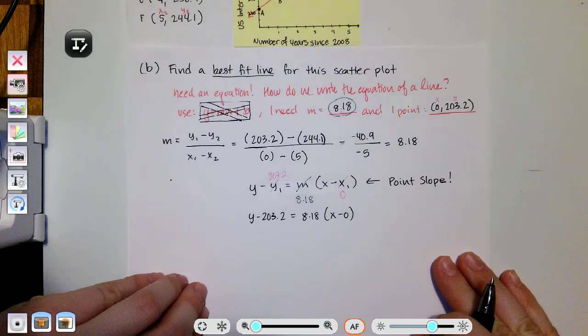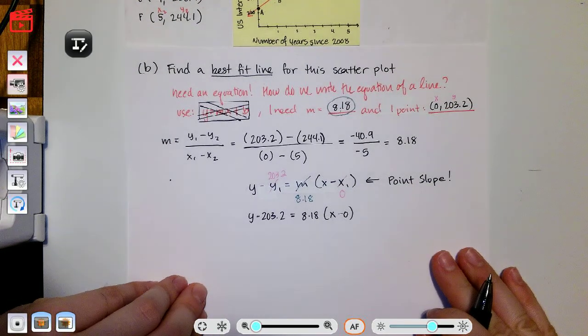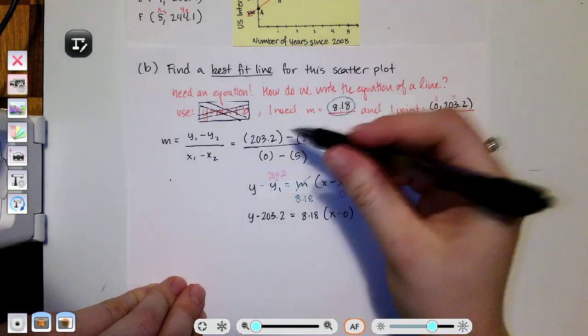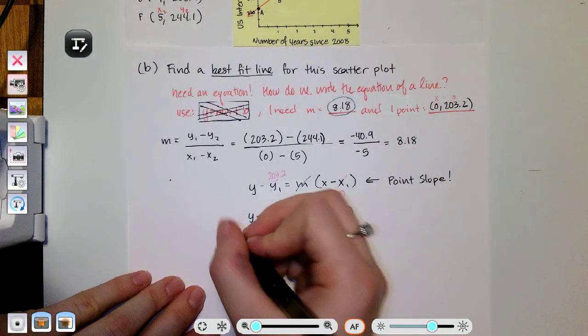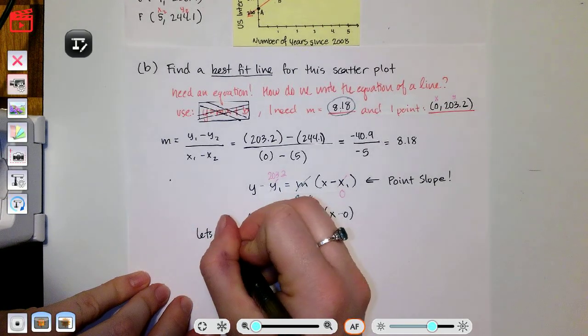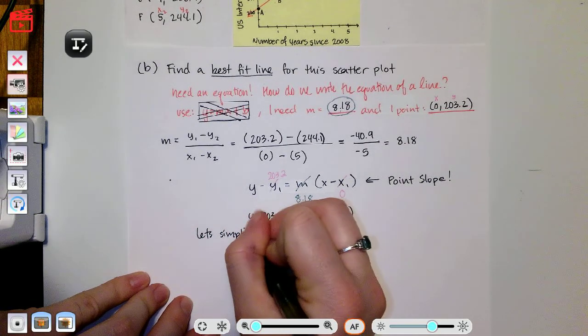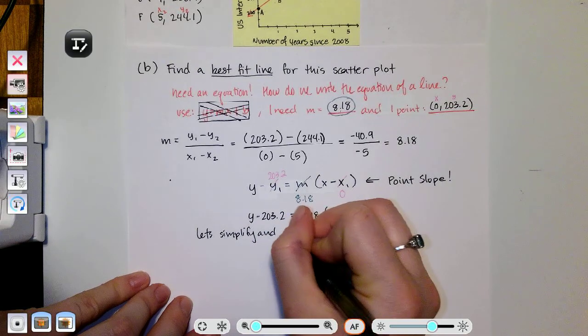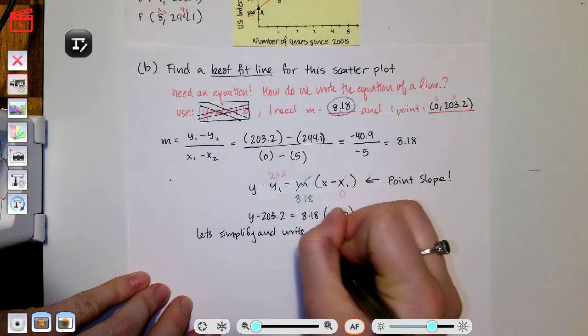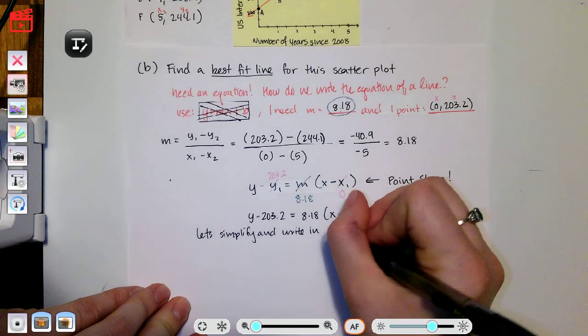And I'm going to go ahead and simplify this. And I want to write this in actually that form. So let's simplify and write in slope intercept form.